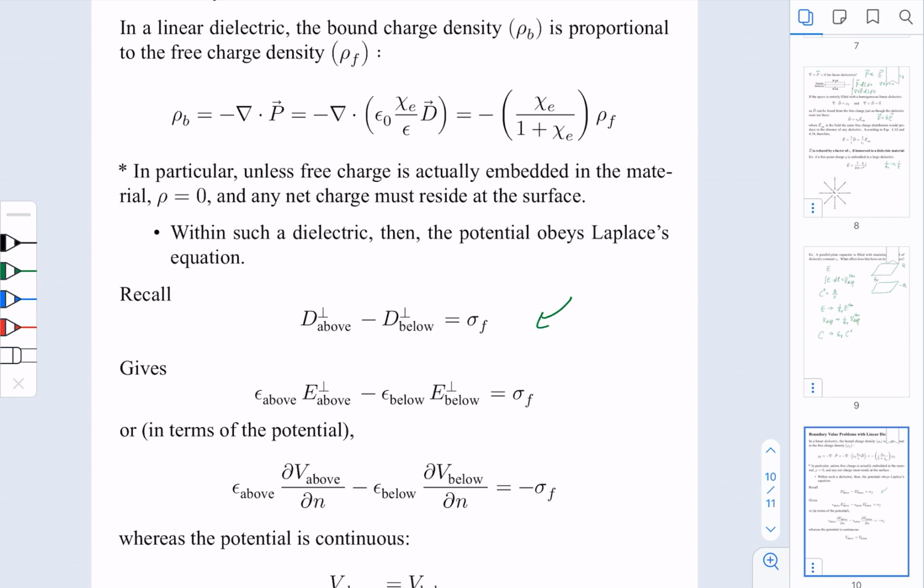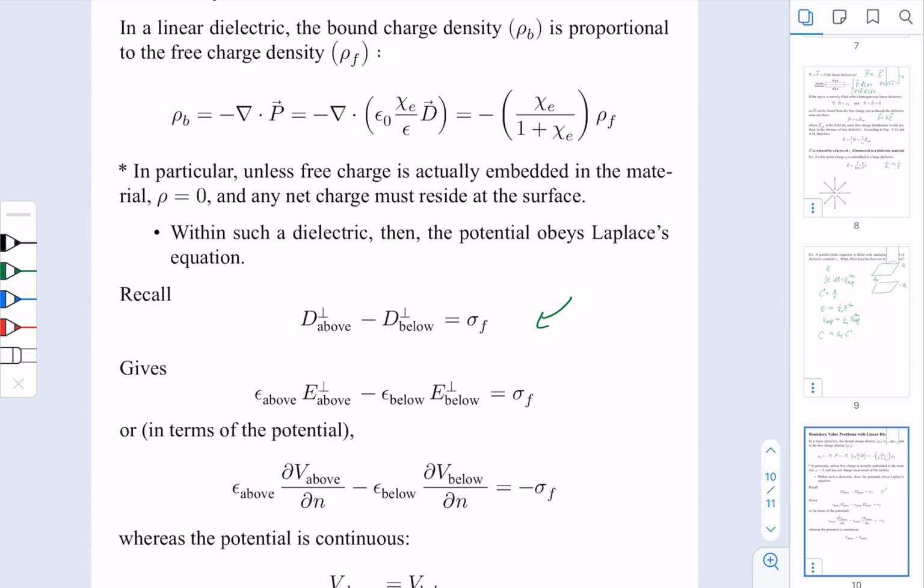And if you keep that in mind, and we look for a region where there is no free charge at all, then in this region the bound charge is guaranteed to be zero as well.